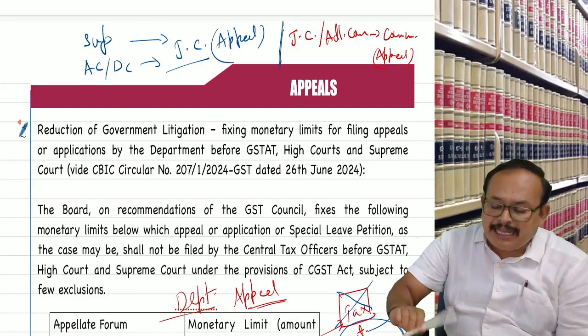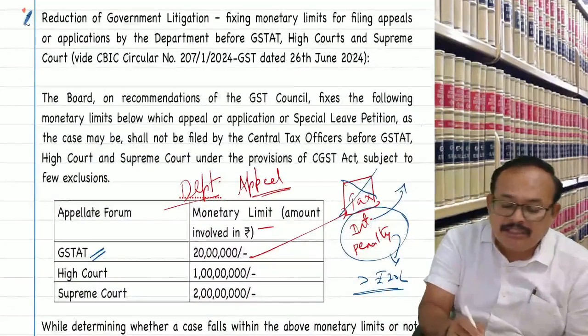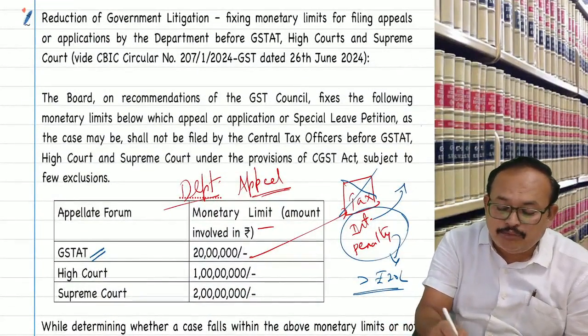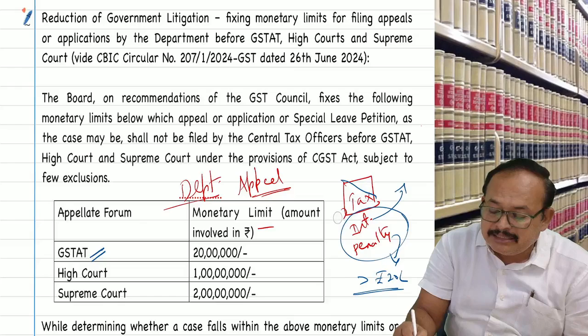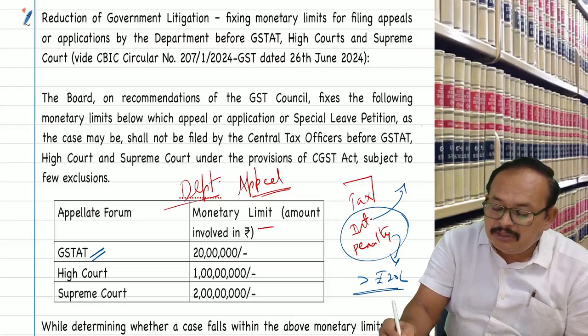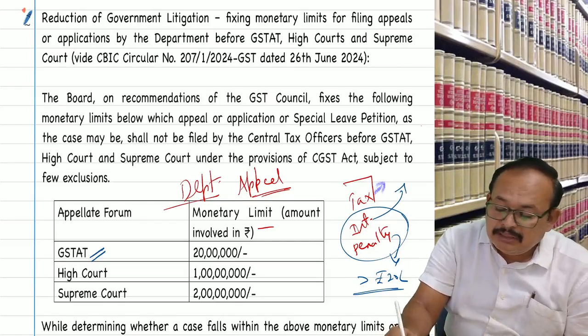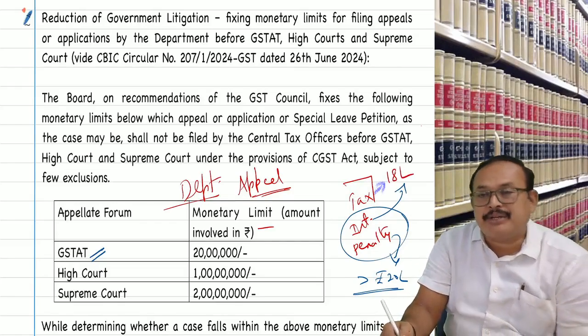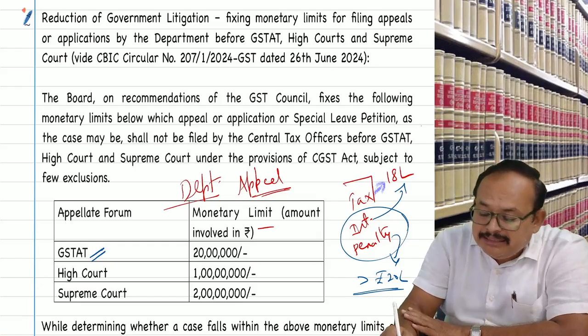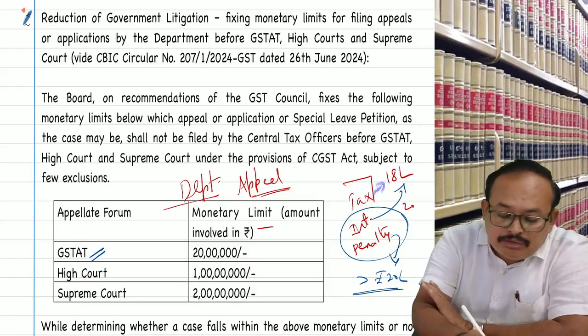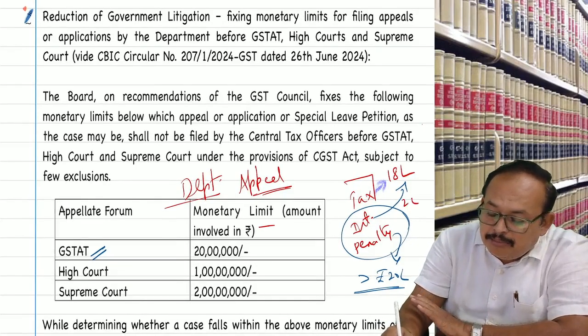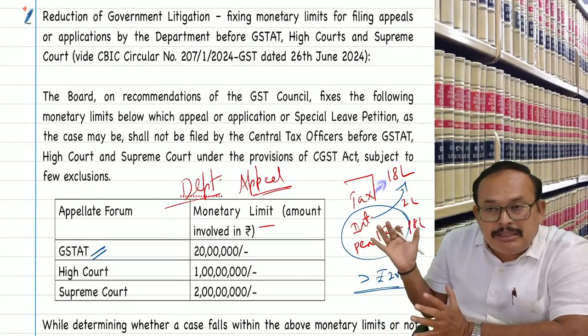Now assume joint commissioner appeals or commissioner appeals pass the order against the department. Consider the value of the tax portion involved in the given case. Let us say the tax portion is 18 lakhs, interest 2 lakhs, penalty 18 lakhs. You should not look at all these clumped together.